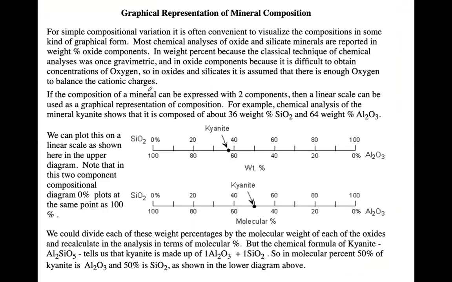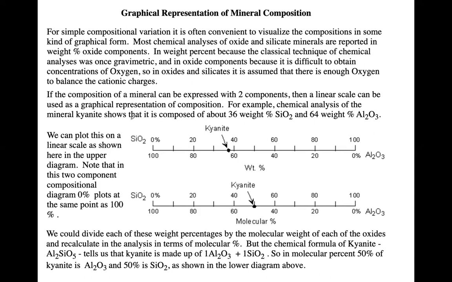So now we will move to see a little bit on the graphical representation of mineral compositions. This is nothing new. This you already know. It's just a matter of showing the composition in terms of two end members.